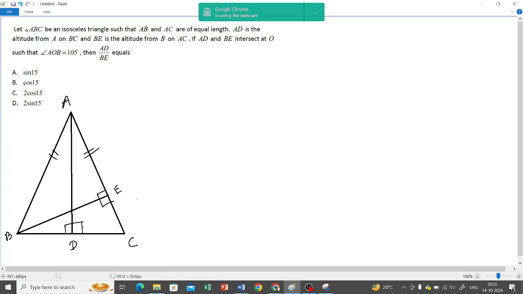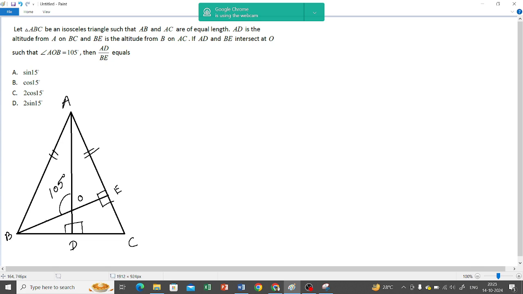If AD and BE intersect at O, such that angle AOB is 105 degrees, then AD by BE is equal to how much?